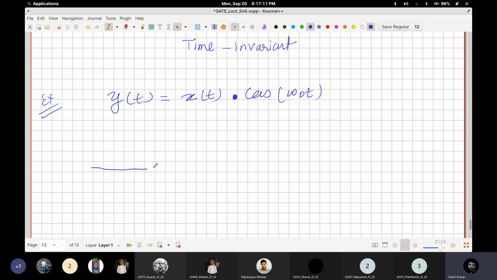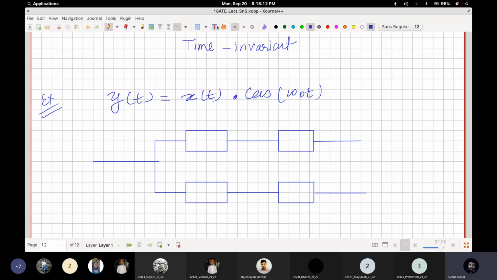Wait, let me take this line tool, that will be much better. Okay, so I have drawn the diagram.